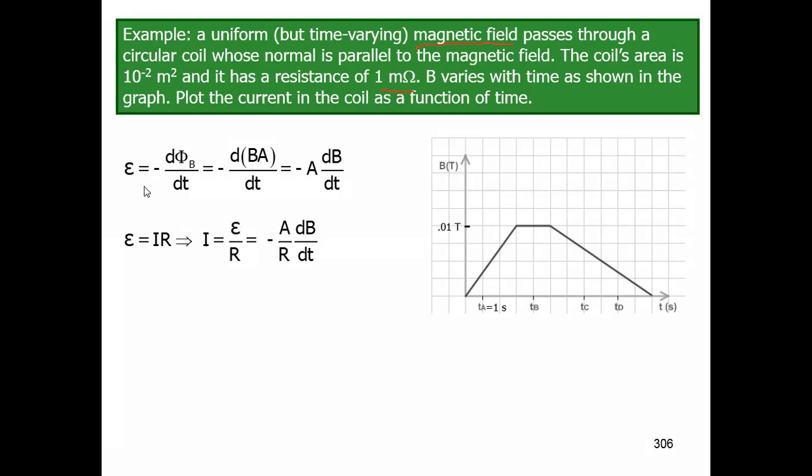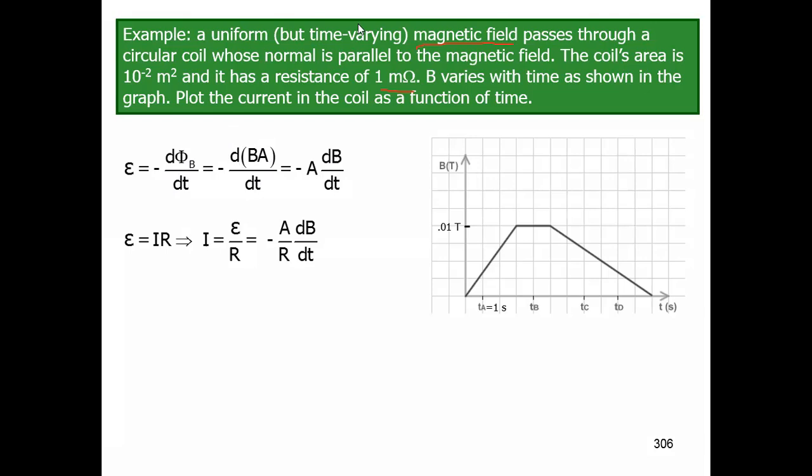E is equal to, by Faraday's law, minus d by dt of flux. And the flux is B into A. A is constant, so we can take it outside, and we are left with dB upon dt. Yes or no?